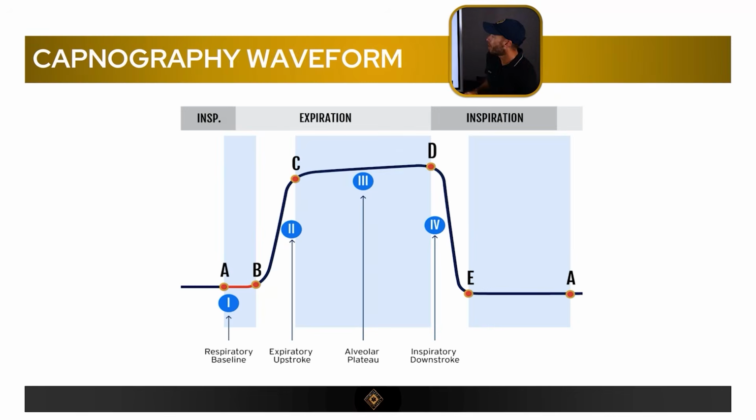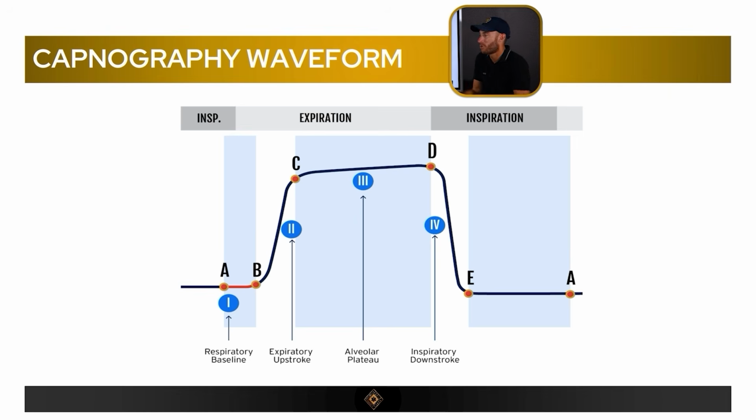Let's do this. So, this is the normal capnography waveform, the slide everyone's been waiting for. As we can see here, this is what normal looks like. Now, just look here. Does this look like a shark fin? No, it does not. Does this look like it's sloping down in any way?